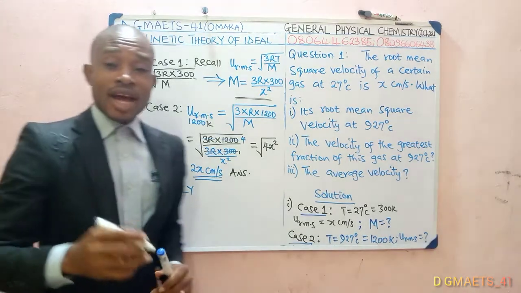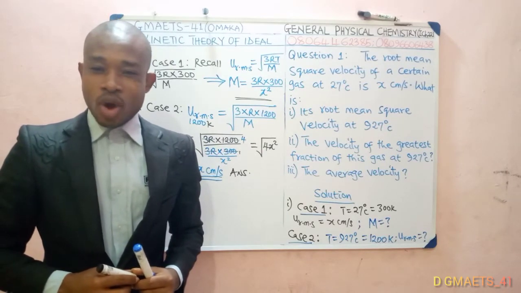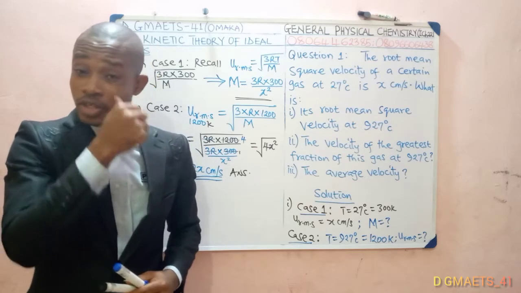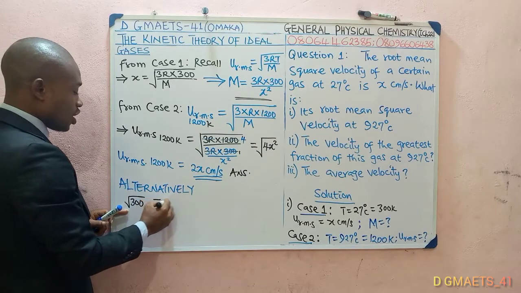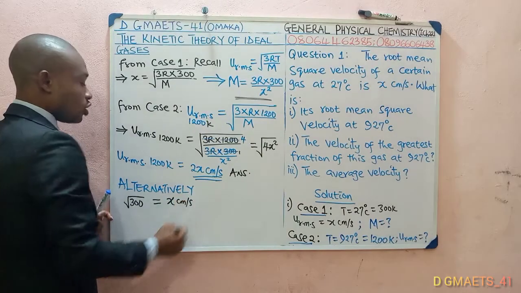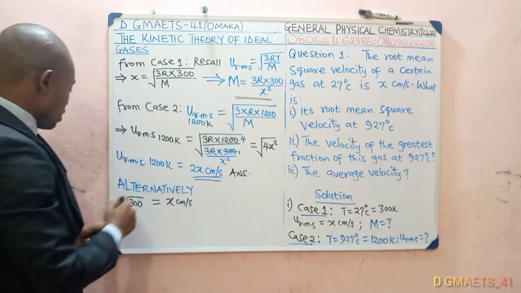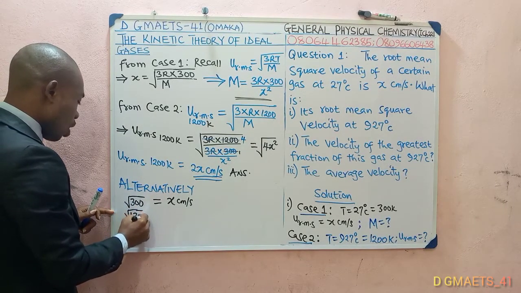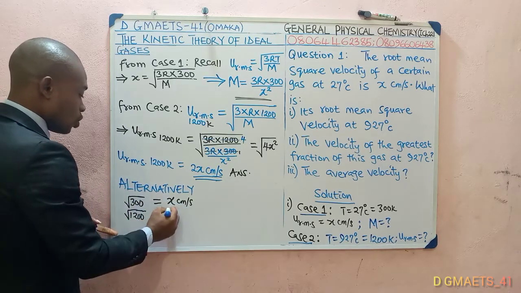You know, I told you that temperature is proportional to what? The molecular velocities. But it is the square root of the temperature, is that also? So I can say that the square root of 300 would give us x centimeter per second root mean square value. Therefore, the square root of 1200 will give us, we do not know, will give us y.